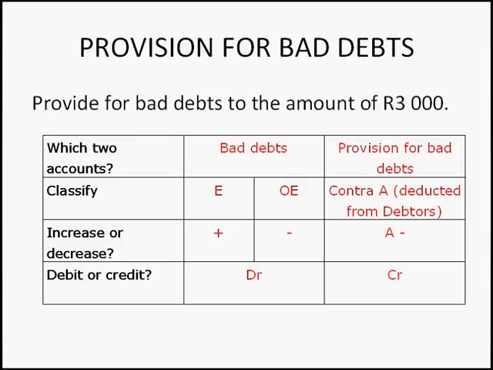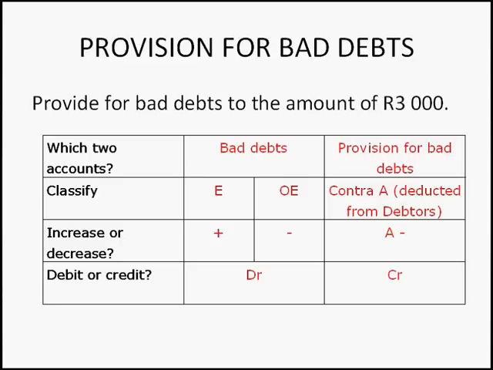Just for the last one again, provision for bad debts. As I said to you, when you have a situation where they say that you have to increase the provision, then the entry will look exactly the same. Bad debts will be debited by the increased amount, and provision for bad debts will be credited by the increased amount.